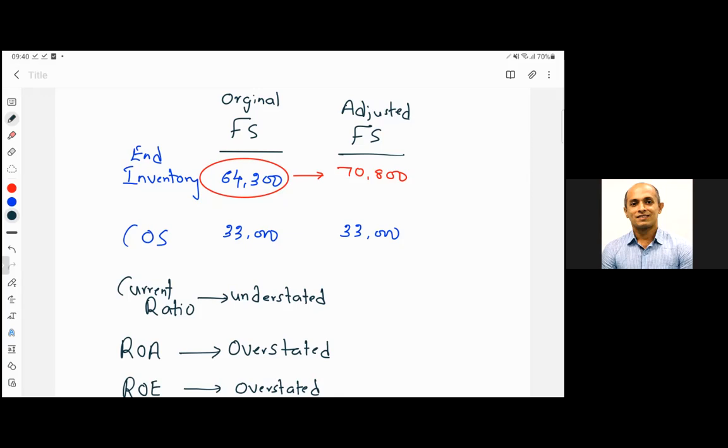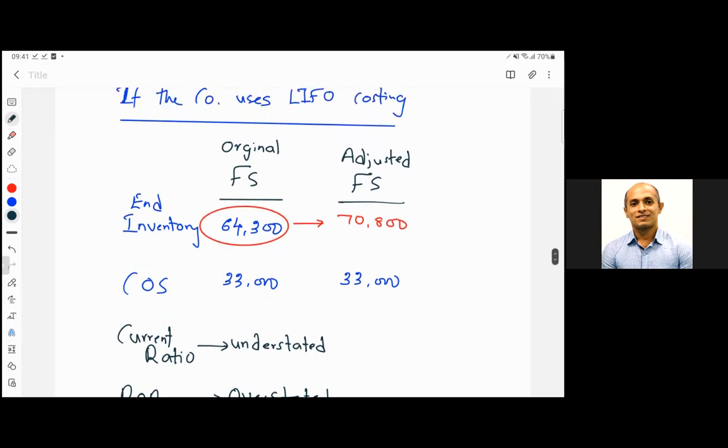So in the analysis of inventory, we see whether the ending inventory value and cost of sales are fairly reported in the financial statement. So if your company follows LIFO, you know that ending inventory value is understated because in LIFO method, all old costs go to the inventory value.